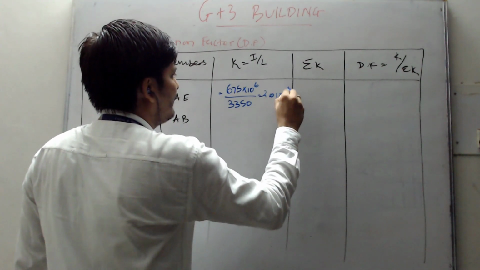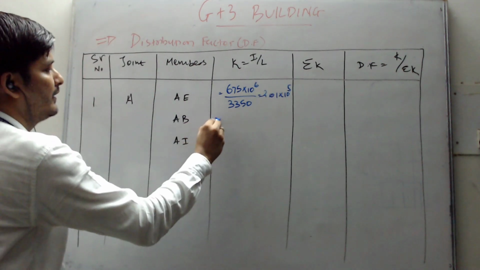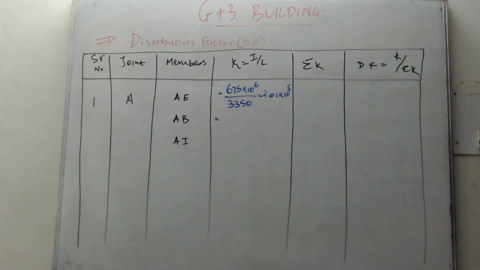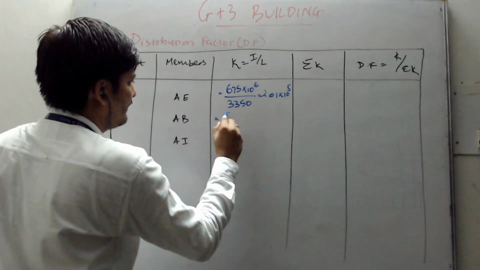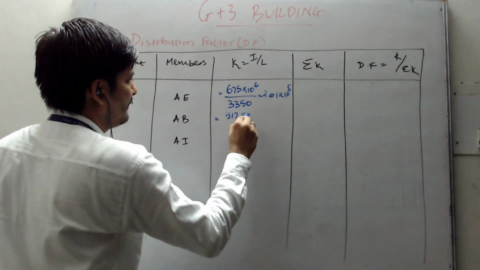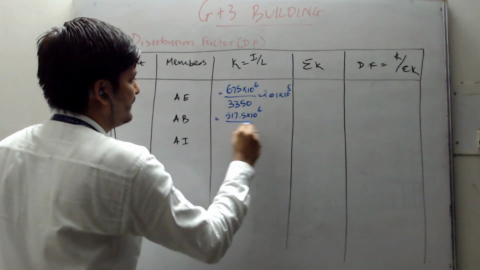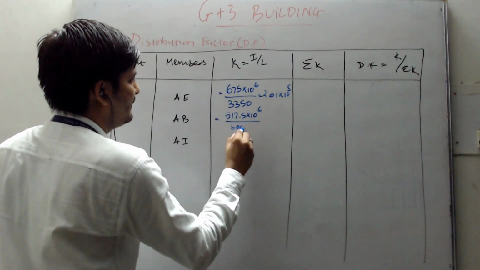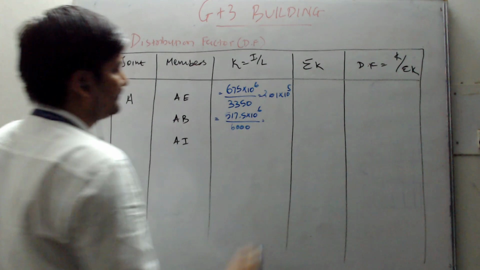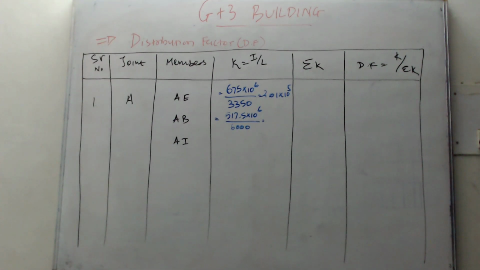Then for AB, so what is the I? It is for beam, so 517.5 into 10 raised to 6 divided by length of that beam is 6000. So if you calculate, this is 0.86 into 10 raised to 5.